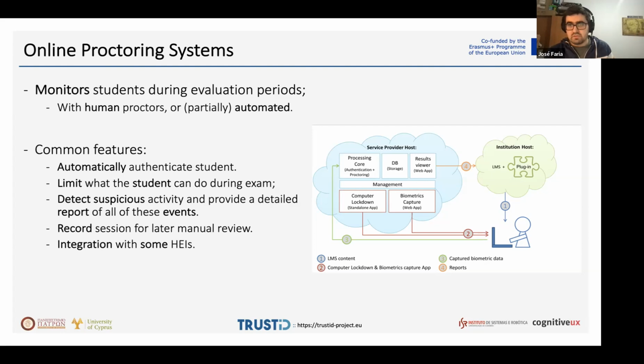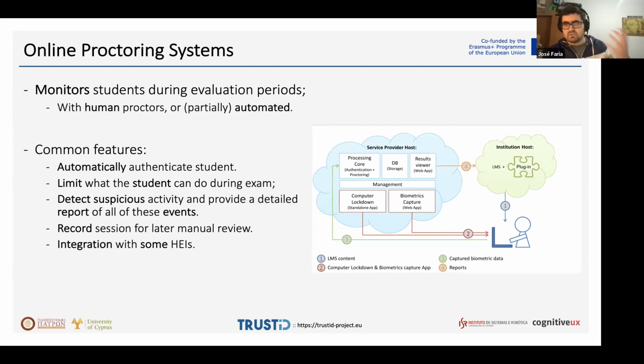Generally, we can find some common features among these types of systems. They'll have some sort of authentication, usually using the credentials of the university, allowing, for example, single sign-on from the university. Generally, they'll try to limit what the user can do during the exam, or at the very least, they'll be able to detect and report any type of suspicious behavior.